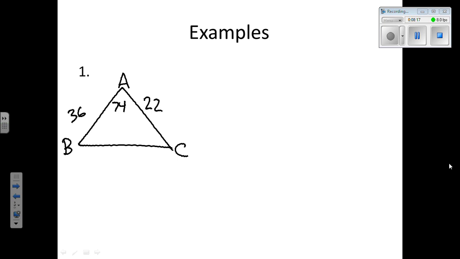Notice how we have a contained angle. The side that we're going to be solving for is the length CB, in other words, side a.